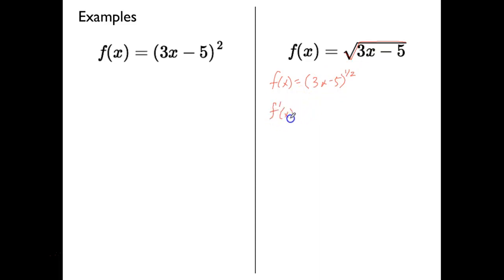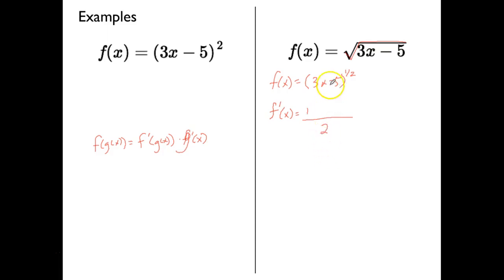So let's write f prime of x. Okay, here, I'll write chain rule over here. So if you start out with a function with something inside of it, remember it is the derivative of the outside, leave the inside alone, times the derivative of the inside. Okay, let's do the derivative of the outside. So we bring down the half.